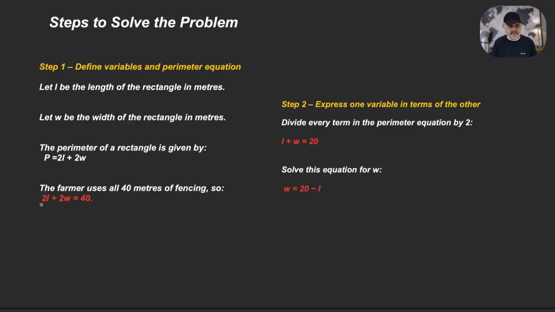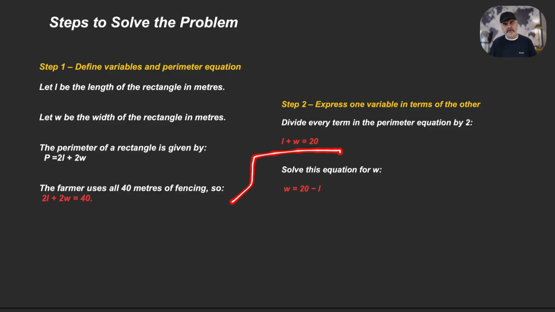Simplify by dividing each term by 2, on both sides of the equation. This is why you see L plus W is equal to 20. It's much easier to work with simpler equations. If that makes sense, adopt this strategy.